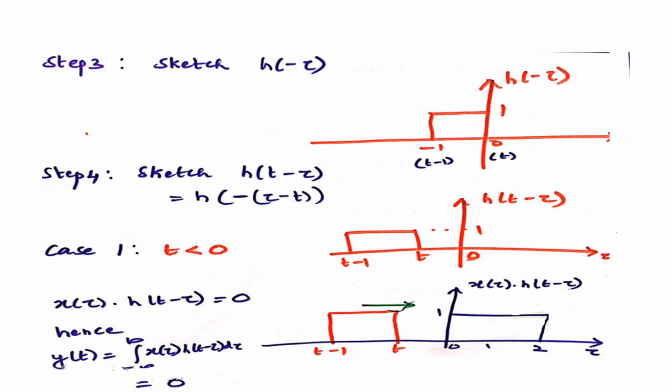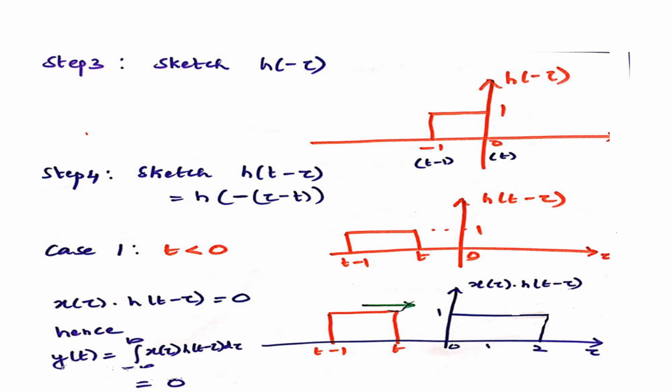So if I'm not shifting, if t is 0, this edge is 0 and this edge is minus 1. So I'm right in defining an expression t minus 1 and t for these edges of the rectangular pulse. I hope it's clear that we have defined that this edge is t and this edge is t minus 1. If I substitute t as 0, I should get back my folded signal. I have got it back.